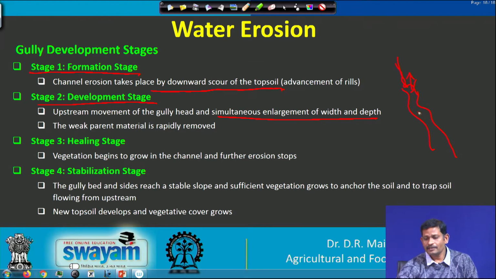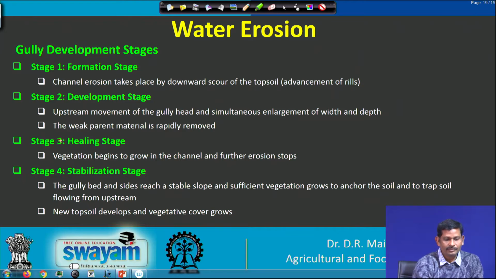At the same time, the width as well as the depth is going to be increased or enhanced. The weak parent material is rapidly removed. Sometimes not only the surface soil, but the subsurface soil can also be eroded in this case.